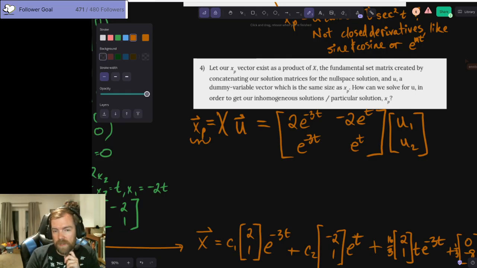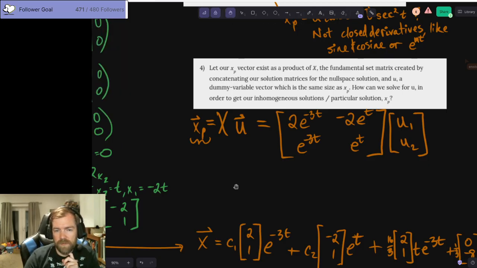And so when we try to solve this, what do we need to do? Differentiate? Because we're plugging it into the original differential equation.